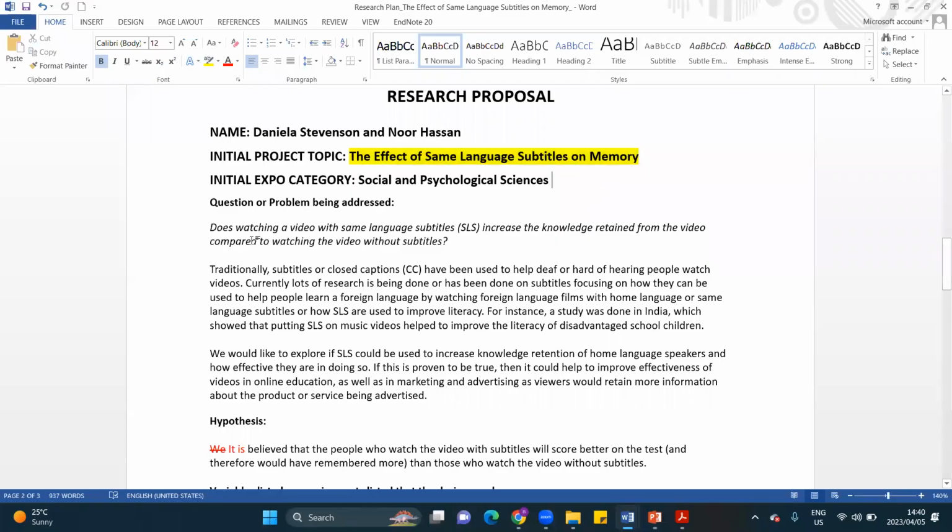The learner put the problem right at the top. Does watching a video with the same language subtitles, so the SLS refers to same language subtitles, increase the knowledge retained from the video compared to watching the video without them?